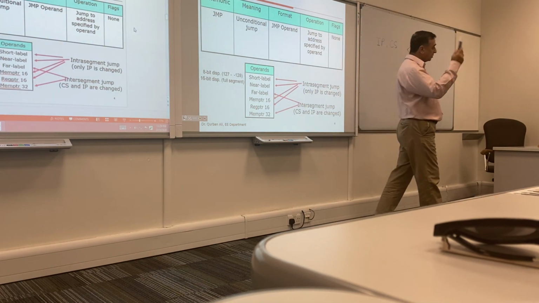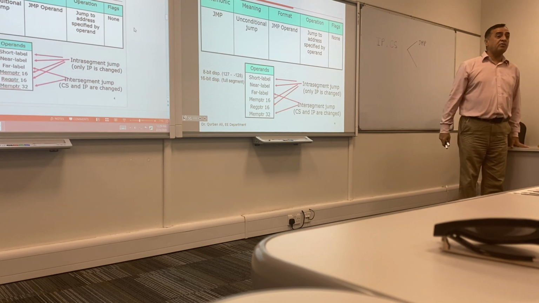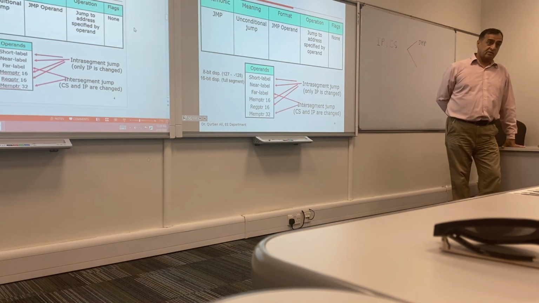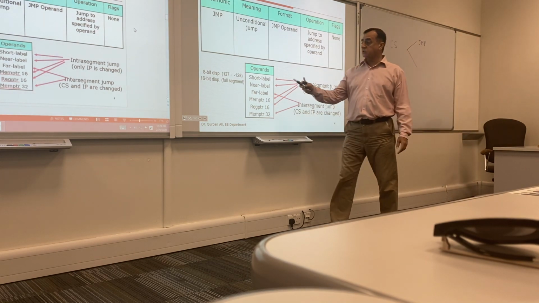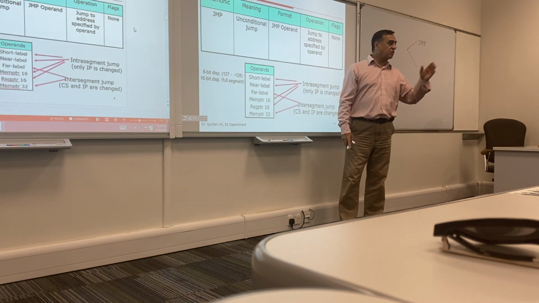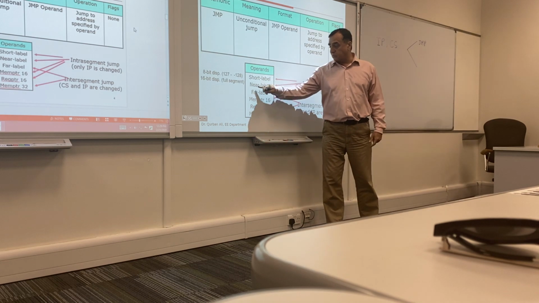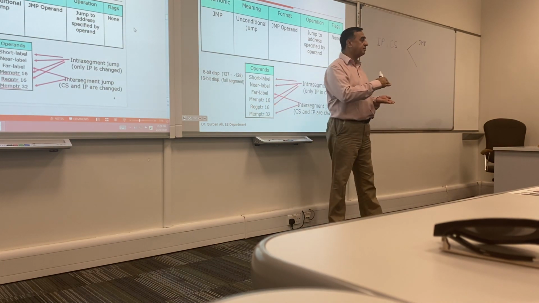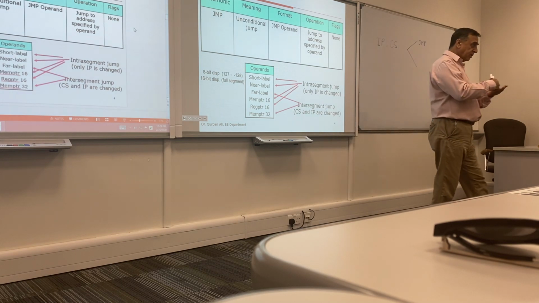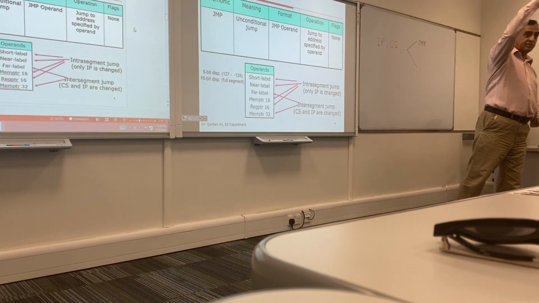Now remember, we used to see near and far when we were writing procedures. Okay? So sometimes we will see short, which is for the old microprocessors. But near and far are the ones which are common in the new processors. Near means the jump is in the real mode in the whole segment, 64K.